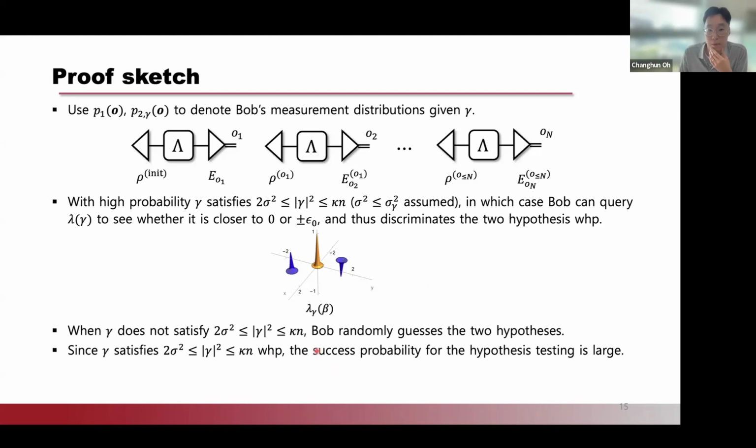So Bob's success probability for the hypothesis testing has to be large if he can learn this channel well. Which means, more precisely, mathematically, that we can show that the total variation distance has to be large between these two different hypotheses. More precisely, we can show that the average variation distance with a random variable gamma has to be larger than a certain constant number.